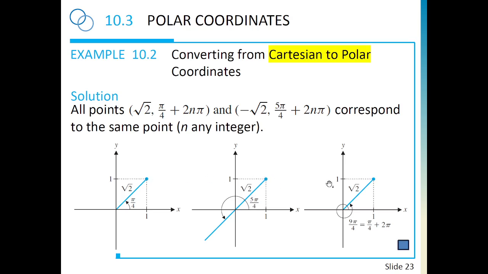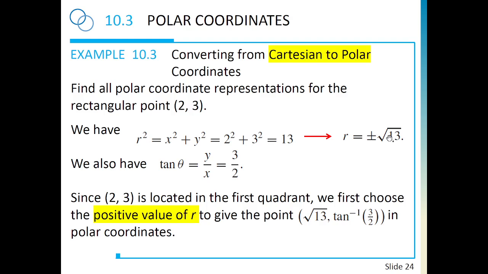These are 3 ways of writing the same thing. Obviously, we can generate infinitely many of them. You just keep adding 2 pi or subtracting 2 pi, or from the writing with the negative r, you can again add 2 pi or subtract 2 pi from the adjusted angle. Essentially, once you have one representation, you're good to go.